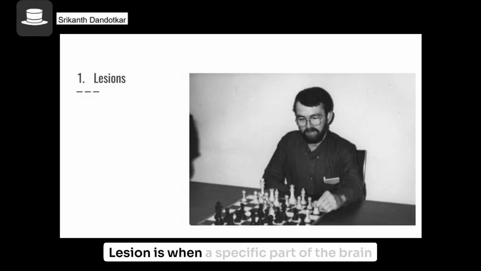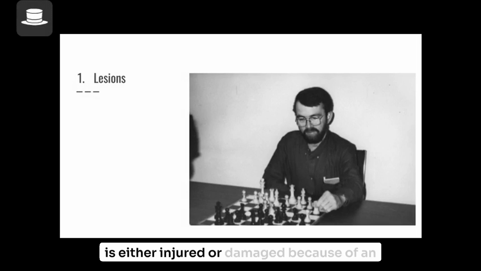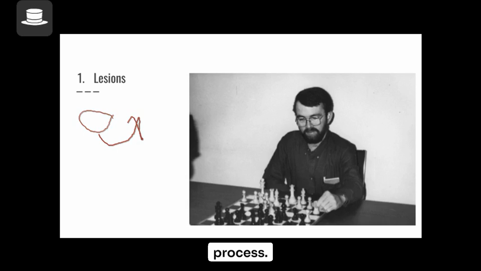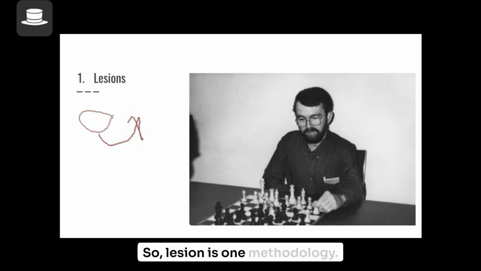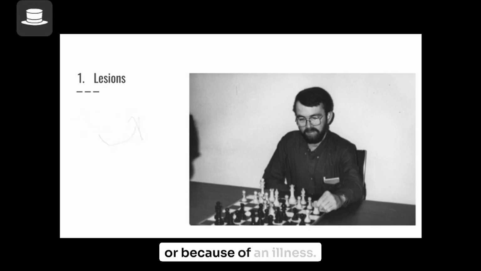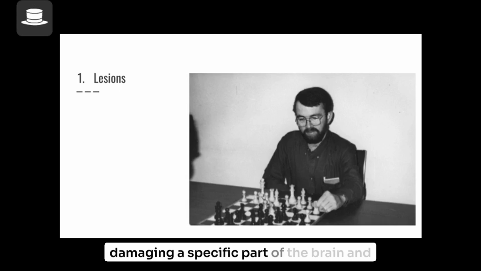Lesion is when a specific part of the brain is either injured or damaged because of an illness, and you can connect that particular region with the disrupted mental process and make the connection and locate the mental process. So lesion is one methodology. Again, lesion could be because of an injury or because of an illness, damaging a specific part of the brain, and that way we can connect the structure to the function.